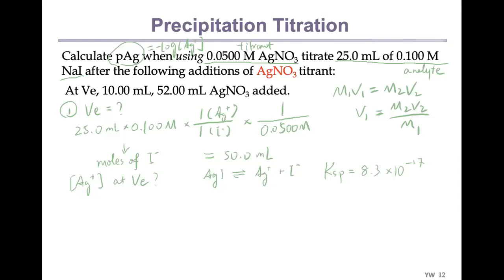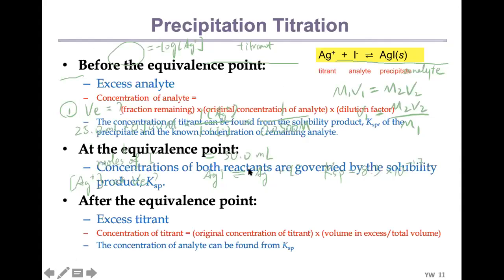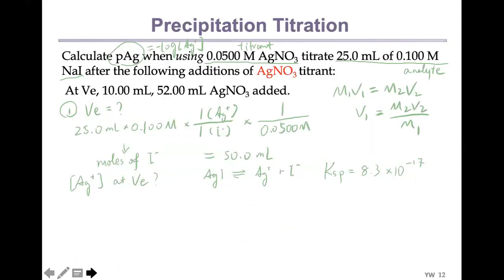So if we go back to the previous slide, we said that at the equivalence point, the concentrations of both reactants are governed by the solubility of the product. If you write the equilibrium constant for this reaction, which is the solubility product, it will be KSP.